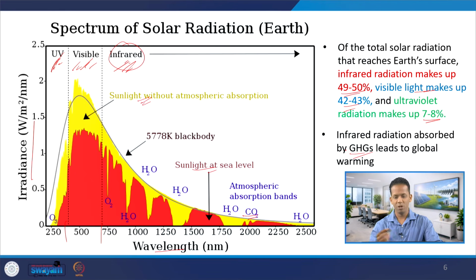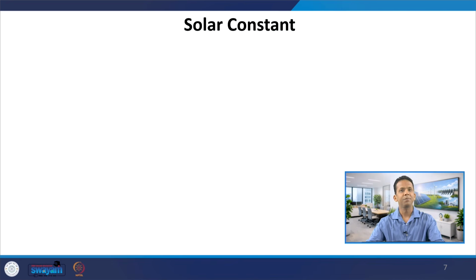And when this radiation is absorbed by GHGs, with the increasing concentration of GHGs in the atmosphere because of anthropogenic activities, it has led to a rise in global warming. So, out of all these three radiations, it is the infrared radiation which leads to global warming.